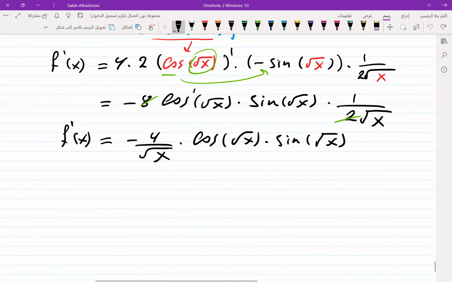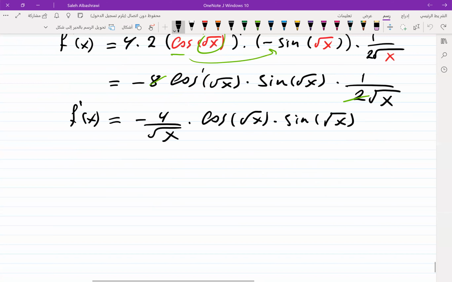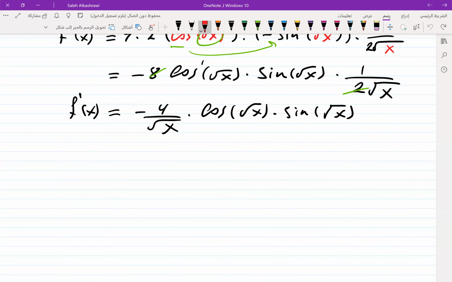Take one more. Number 6. F of x equal to square root of sine to power 3 of 2x minus 1.